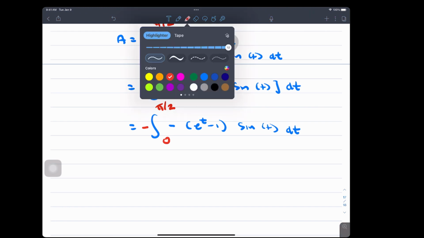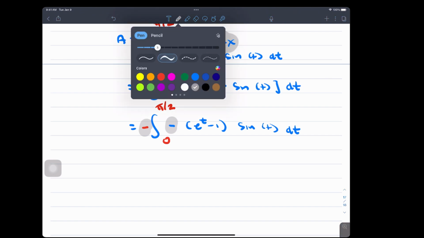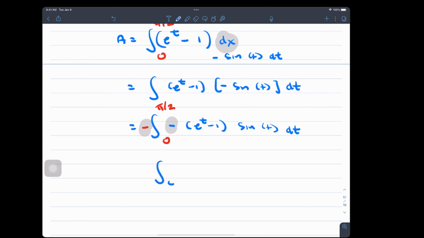And how does that help you? That's now minus a minus, which is plus. So this is now going to be the integral from 0 to pi over 2 of e to the t minus 1 times sine t dt. This will be your area.